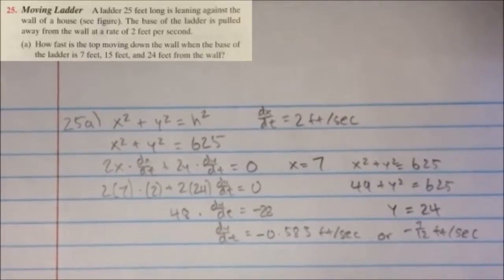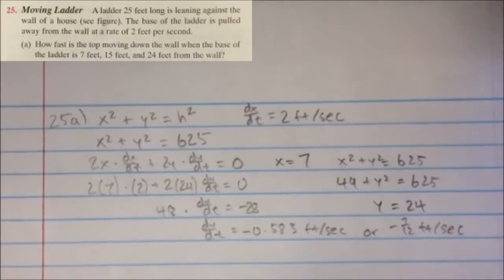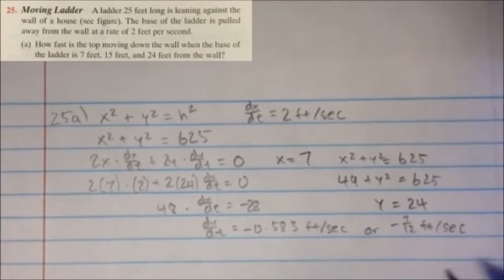So, when the base of the ladder is 7 feet away from the wall, the derivative of y, which is the top of the ladder going down the wall, is negative 0.583 feet per second.